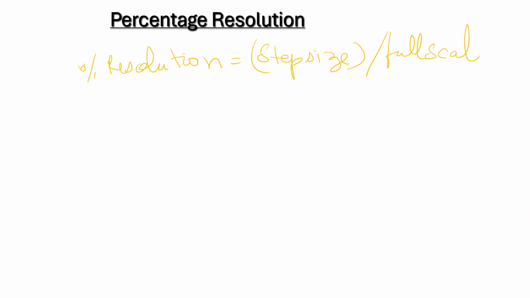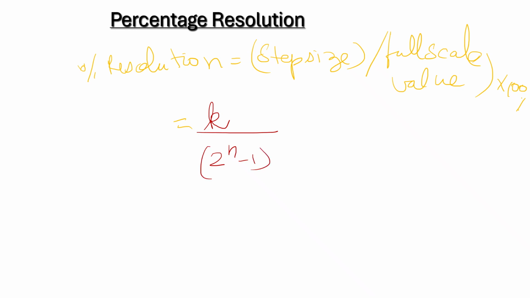That is, percentage resolution is equal to step size divided by full scale value, times 100%, which is equal to K divided by (2 power n minus 1) times K.